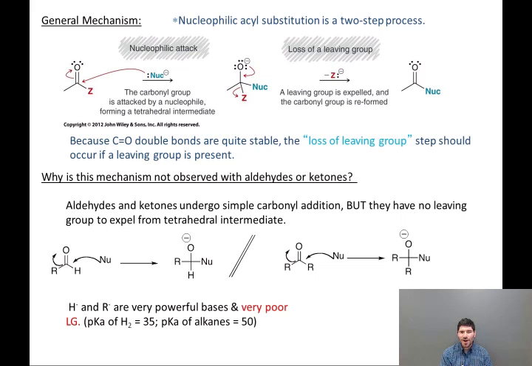You just get simple carbonyl addition. When you have an acyl carboxylic acid derivative, where Z can be a reasonable leaving group, we're going to get the addition-elimination mechanism. Okay, so in the next video, we will look at a more specific example of this reaction and go through its mechanism in detail.